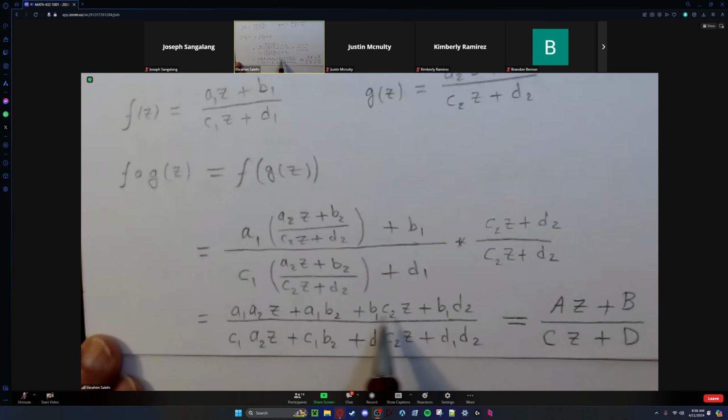You factor Z, you get a number times Z plus a constant divided by a number times Z plus a constant. So composition of 2 linear fractional transformations is also a linear fractional transformation. Why do I need these observations? Oh, you will see momentarily.